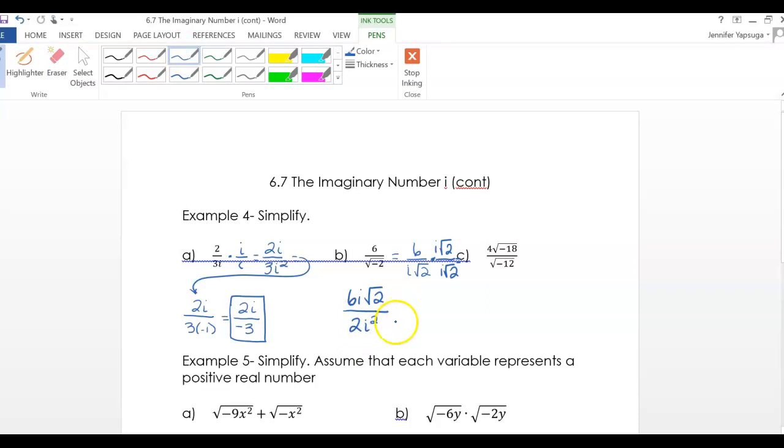Okay, and now we can simplify that further. This is going to be 6i square root of 2 over -2. And finally, I can divide 6 by -2, and I get a final answer of -3i square root of 2. And that would be my final answer there.